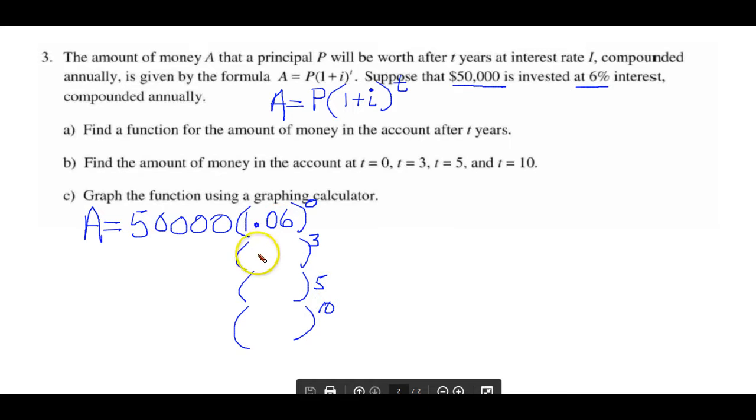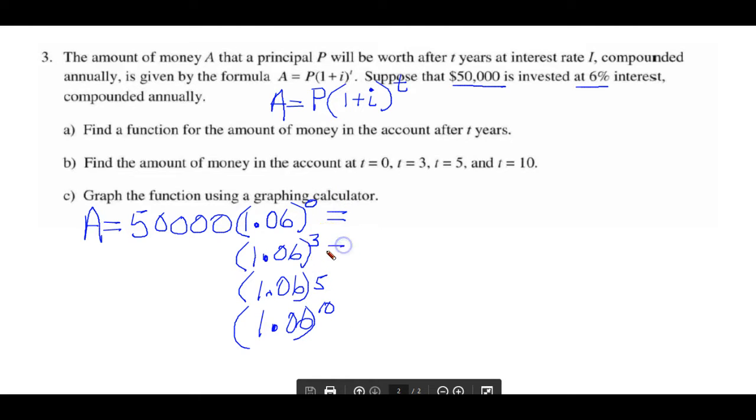Now I didn't fill in, but all of these is 1.06, 1.06, 1.06. Now, when you are starting off, that's your 0 amount of time. This is 3 years later, this is 5 years later, this is 10 years later.